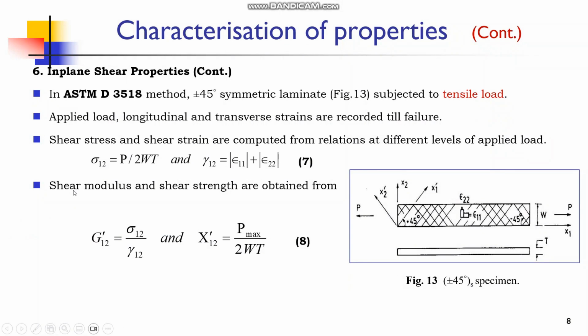Now for finding shear modulus, we have the formula G12 is equal to shear stress by shear strain, and for finding shear strength, that is the maximum value of stress, it is the ratio of maximum load up to failure to 2 times width into thickness.